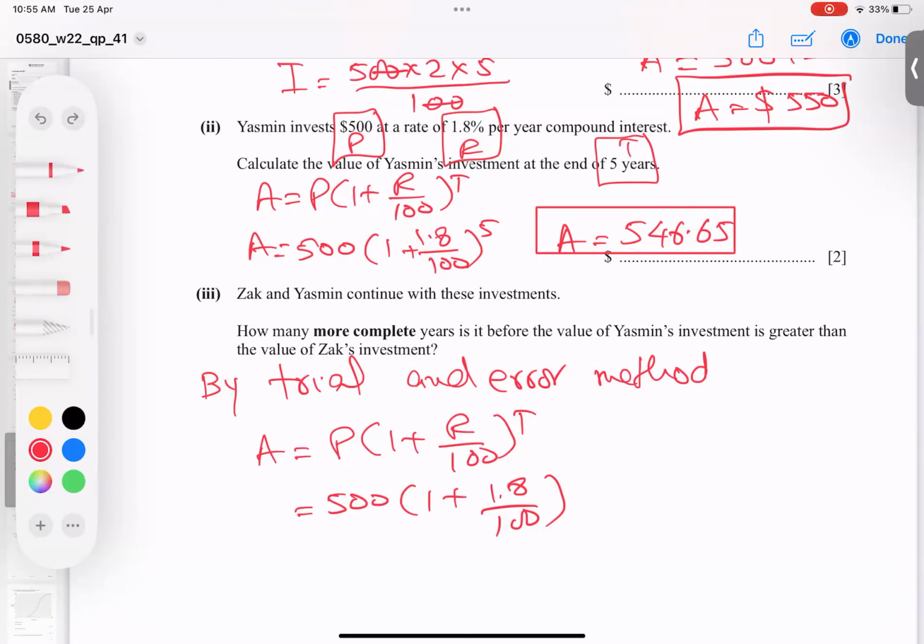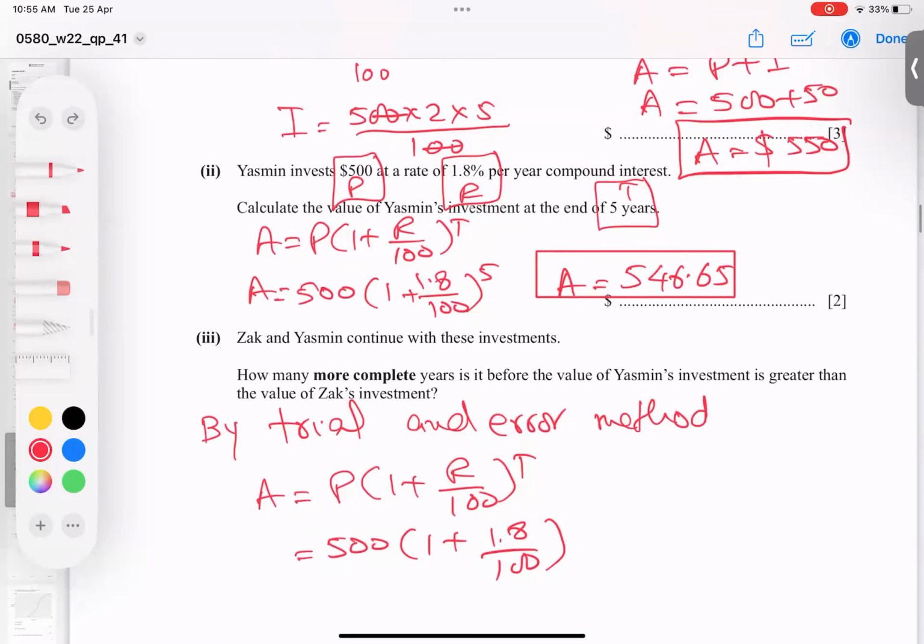Okay, so what was he asking here, how many years? 556. Yes. What was the question? Zach continues the investment. How many more complete years before Yasmin's investment is greater than Zach's investment?